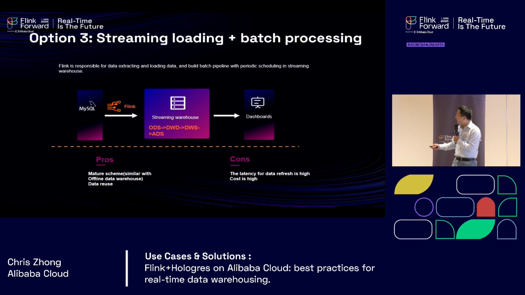And also, we have the models in the streaming warehouse. In the process, we can adopt the matrix scheme, similar to the batch system. We already have the batch system and the batch scripts, so we can reuse that. But the cost is also clear. There is latency from end to end. From the source, because we use batch processing, that brings long latency for the data refresh.